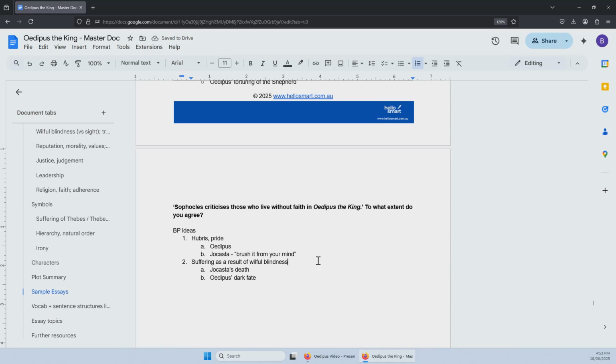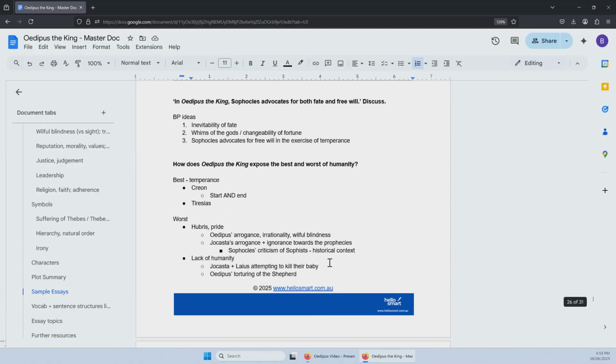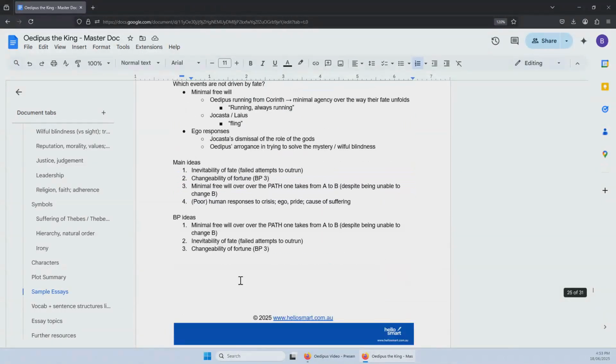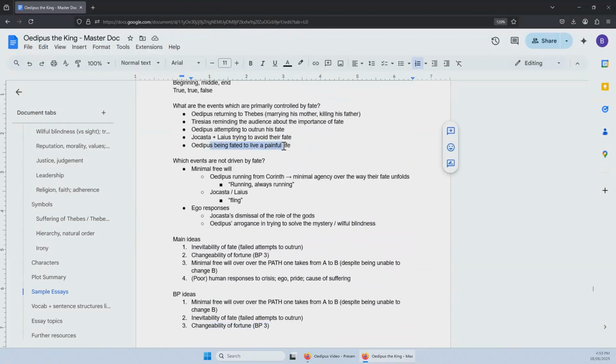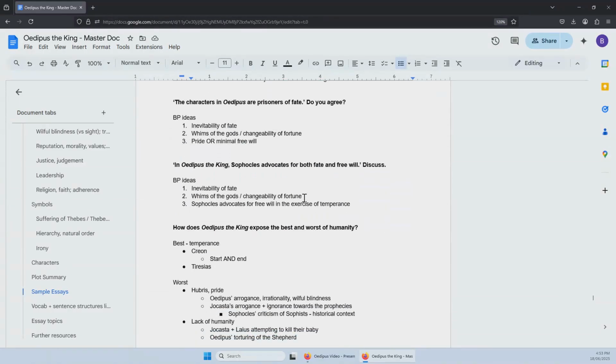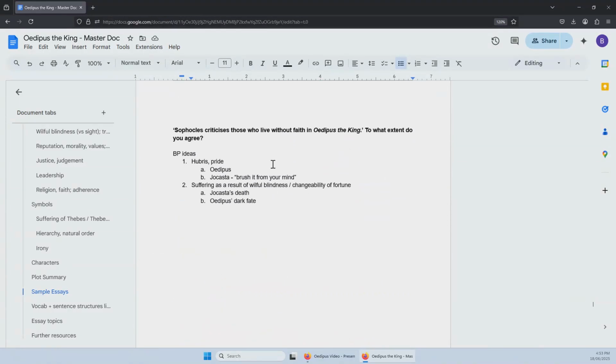That would be good. Another thing you could do here as well is you could talk about the changeability of fortune. So, you know, the best laid plans always turn into disaster. We'd go through exactly those examples that we had above about how Oedipus was fated to live a painful life, and those quotes from the chorus in Ode 4 and at the end of the play.